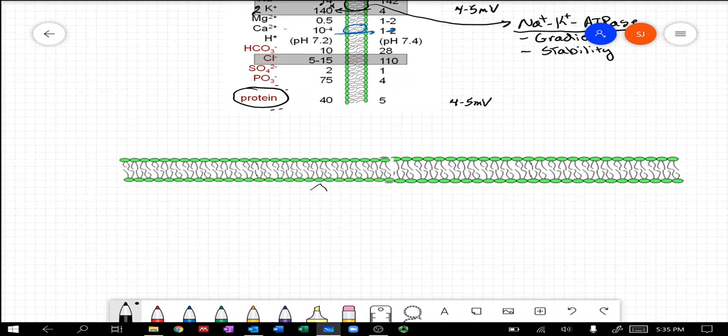So we have to have channel proteins in here to make this more permeable. Another way to think of it is this is the resistance in our electrical circuit here. We're going to alter resistance, permeability, by the number of proteins we have in the membrane that will let these ions pass through. And we can do this relative to sodium.